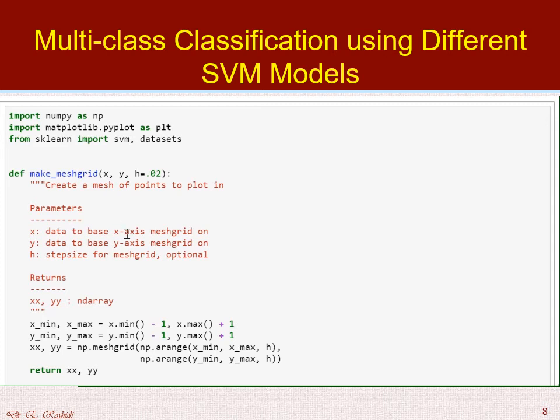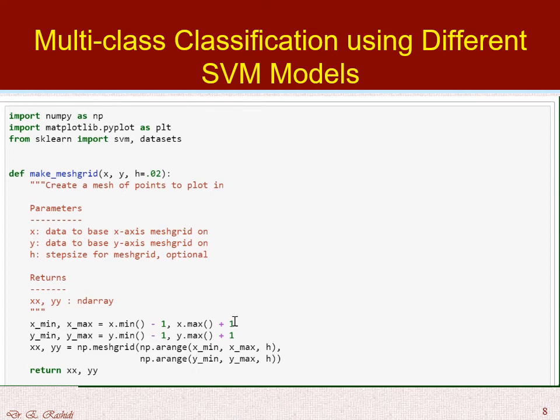You have access to this code, but you're not going to actually develop it from the beginning. It's a little bit more advanced. So I'm just going to sketch through it, and feel free to go through it on your own time. So here we just import the libraries that we need. This function, make mesh grid, is just going to create a space for us to plot the data that we have. Actually, we are going to work with iris data here.